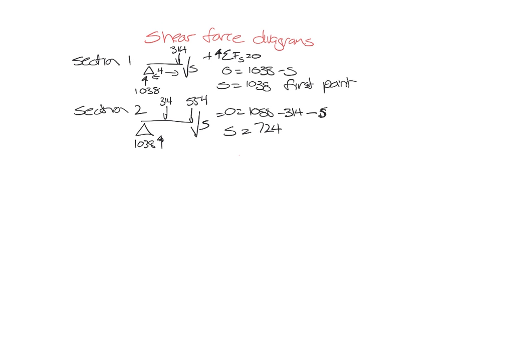Our next point there, like I said, if I'm going back to my diagram, I've come up 1038. I'm now coming across, it's a uniform distributed load, so I've got to correct that up.